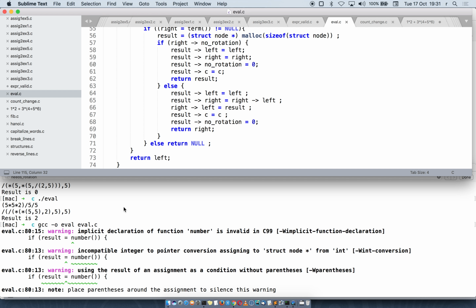So remember, struct node star is only 64 bits. It's too small to hold all these values. Okay. So by me putting a star here, we haven't allocated enough space because struct node is now quite large. So it has a character, a value, a flag, and 2 pointers inside, right?